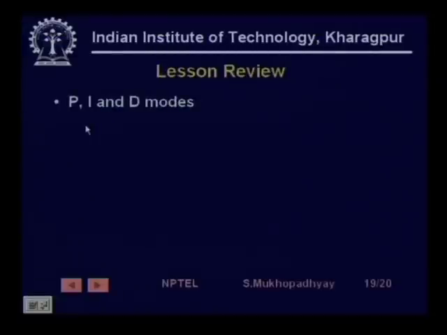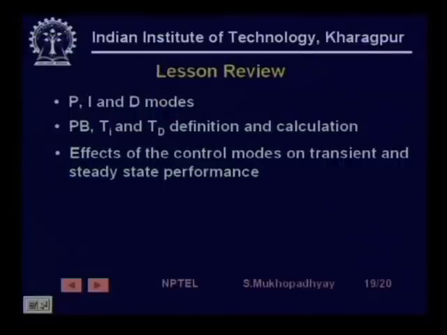Having said that, that brings us to the end of our lesson. Let us review the lesson once. So, we looked at the P, I and D modes and looked at the various terms, their definitions, proportional band, integral time and derivative time, their meanings, how they can be measured. Then we saw that these various control modes can give you various kinds of transient and steady state performance.